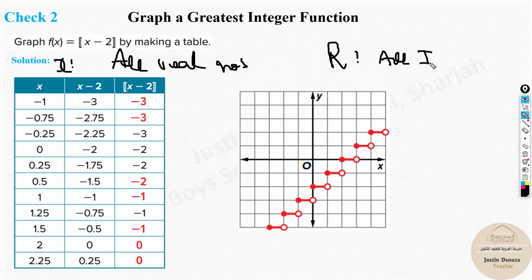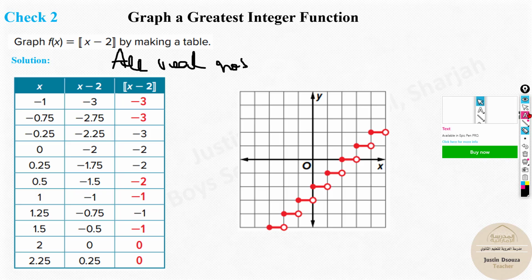All integer values. You can write all integer values, that is Z values, or you can write all real numbers belonging to integers. I'll just erase this. Now, if this was written, you should just write belonging to Z. This is up to you.